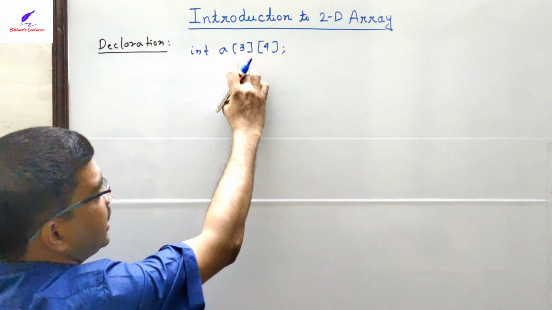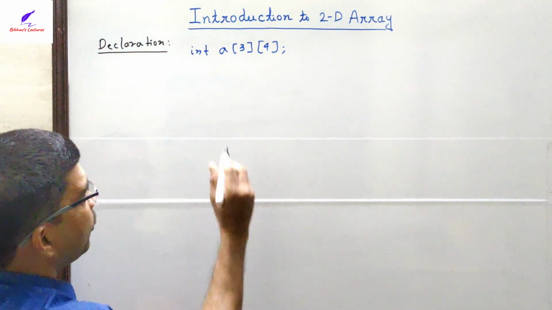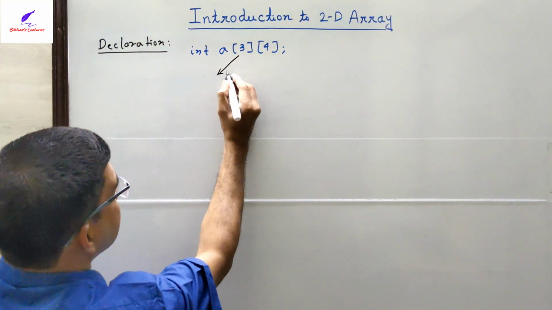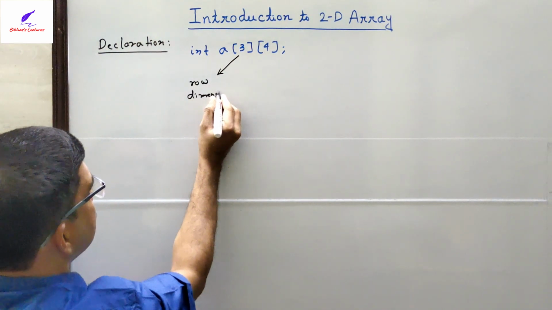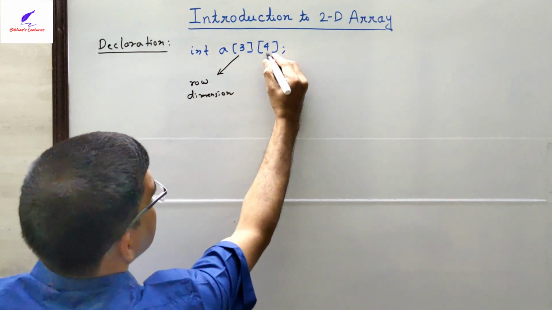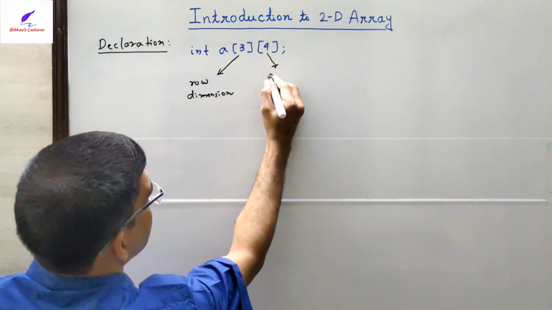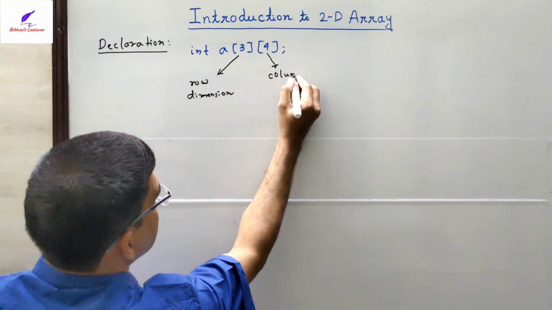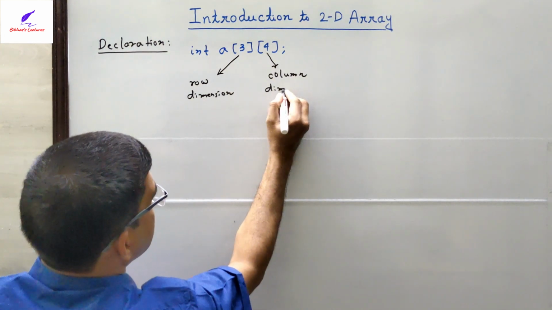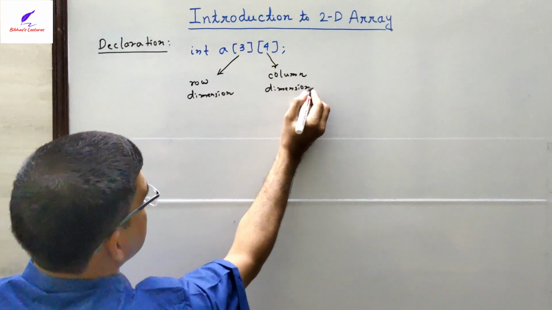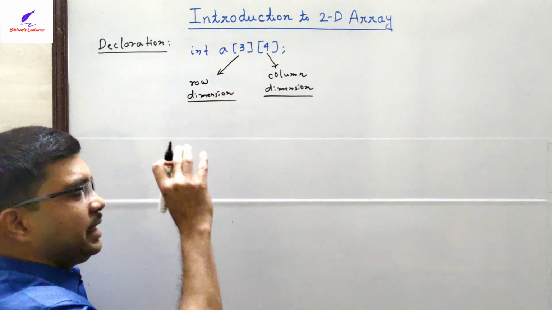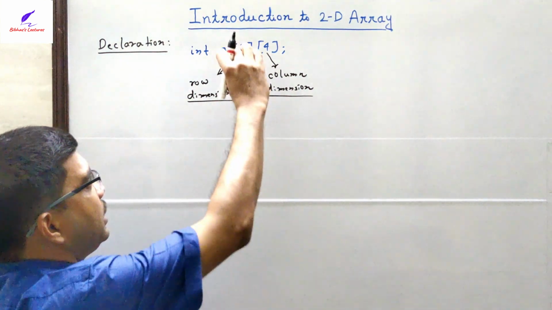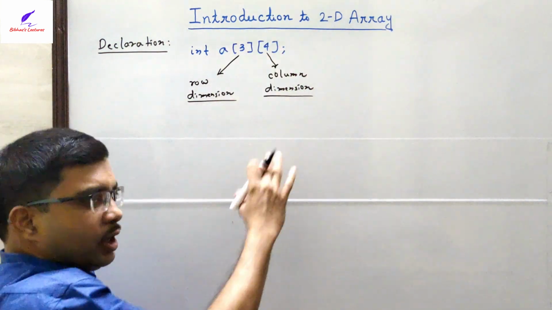The first dimension is for row, so this is the row dimension, and the second one is the column dimension. So this 2D array contains 3 rows and 4 columns.